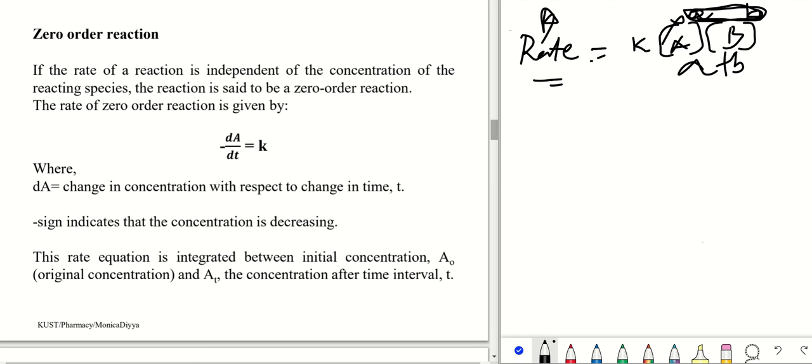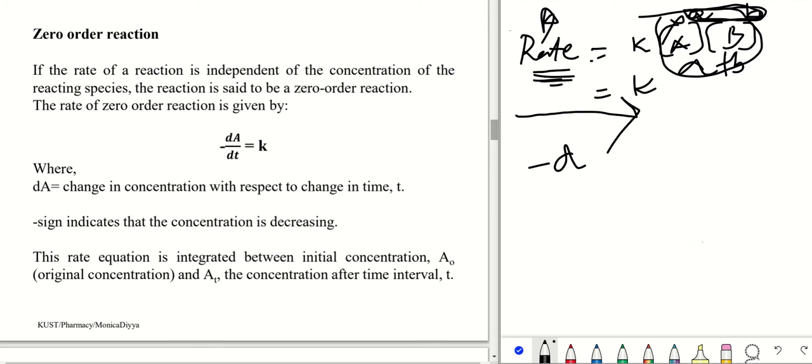The chemical reaction will proceed as such, so we don't have that parameter. Simply, the reaction rate is equal to K in the case of a zero order reaction. So the reaction rate would be minus dC by dt is equal to K.